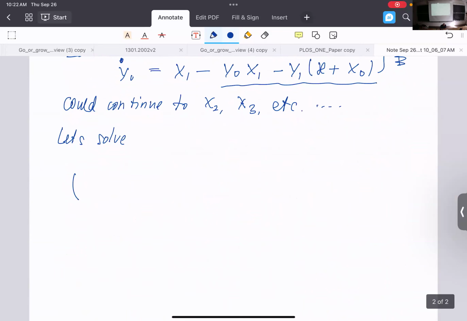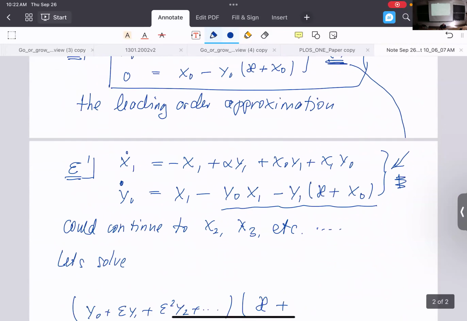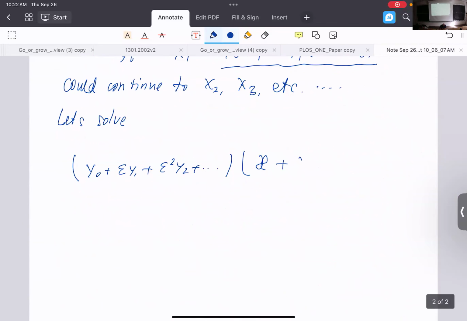So we can write the first term as a sum of the y's. So we have y0 plus epsilon y1, epsilon square y2 plus and so on. And then here we had kappa plus the x's. So then this would be x0 plus epsilon x1 plus epsilon square x2.